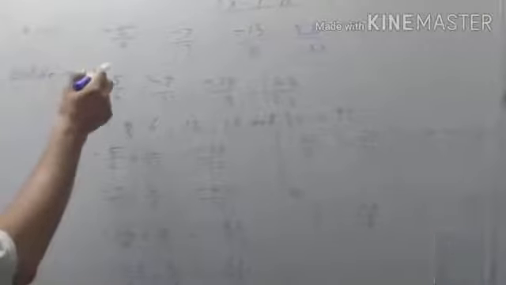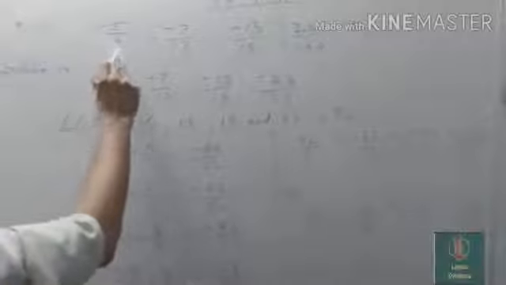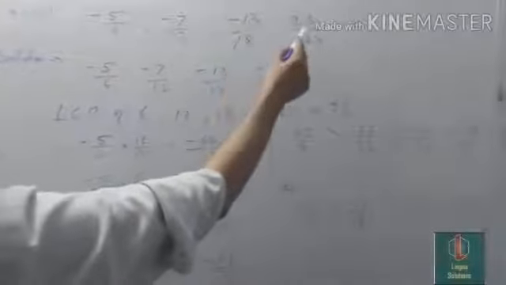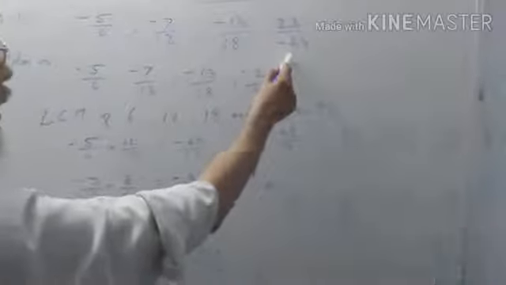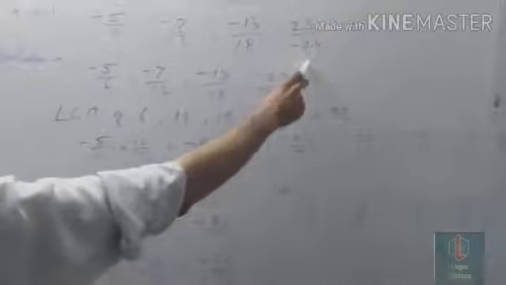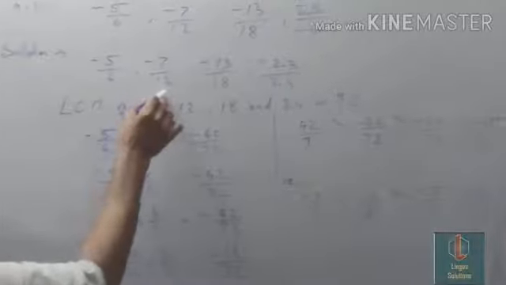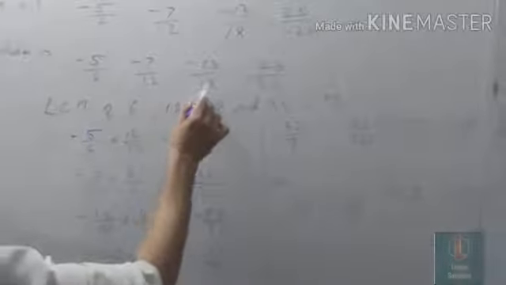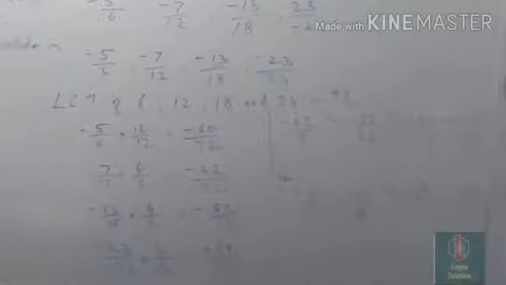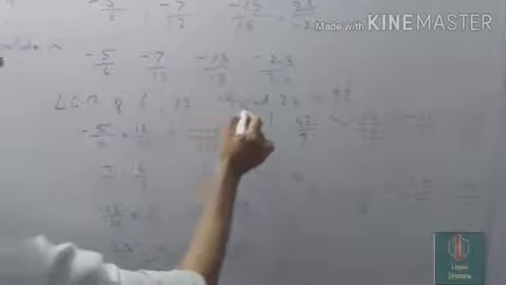Our next set is minus 5 by 6, minus 7 by 12, minus 13 by 18 and 23 by minus 24. Here also we see that the denominator has a minus symbol. So we will write it as minus 5 by 6, minus 7 by 12, minus 13 by 18 and minus 23 by 24. Now take out the LCM of 6, 12, 18, 24.